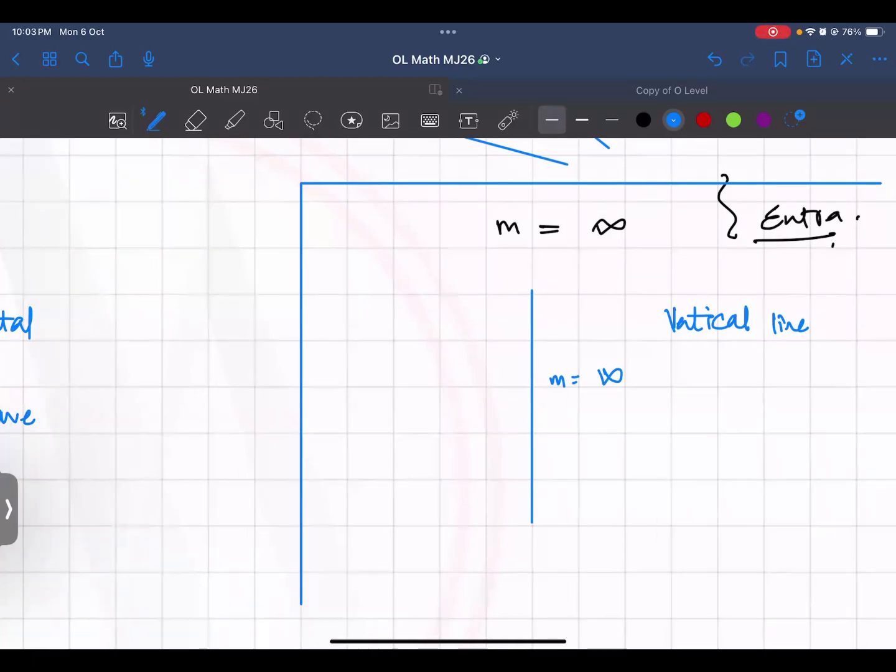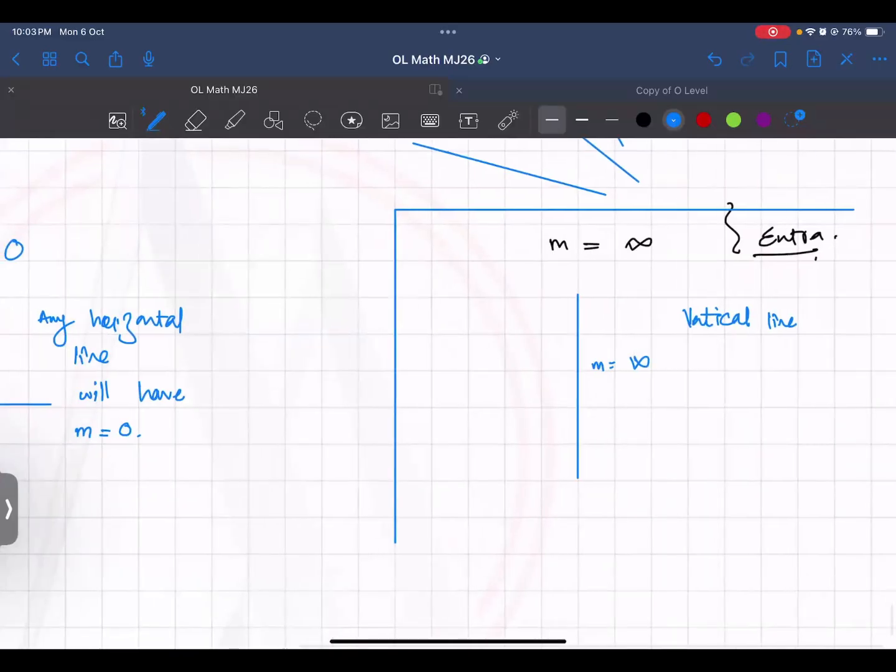It is larger than the largest number that you can think. So it's not a single number, it is an ever increasing number. So infinity gradient, because now you can see that it has infinite steepness. A vertical line has maximum steepness, straight upward.